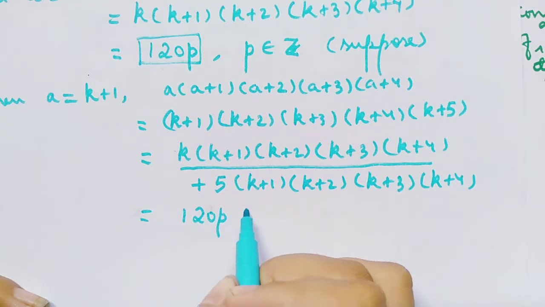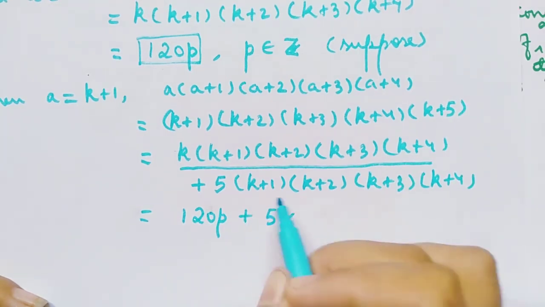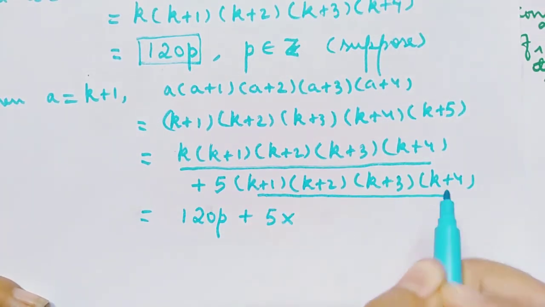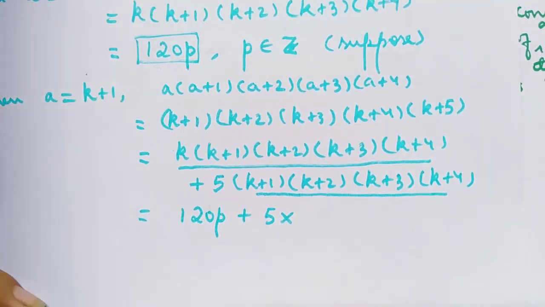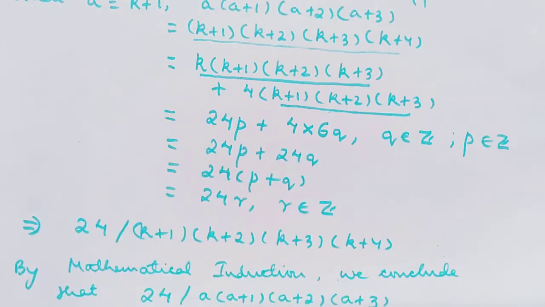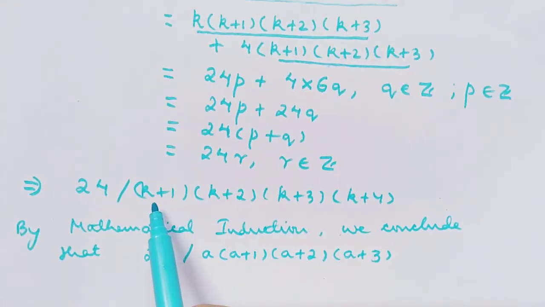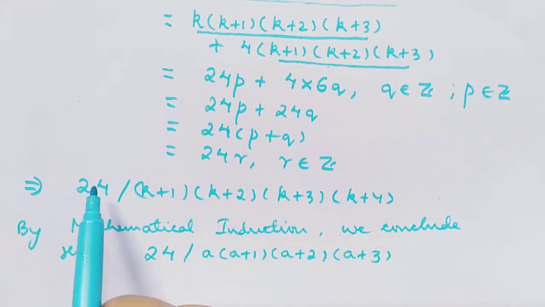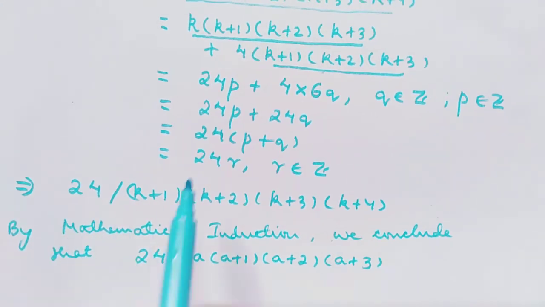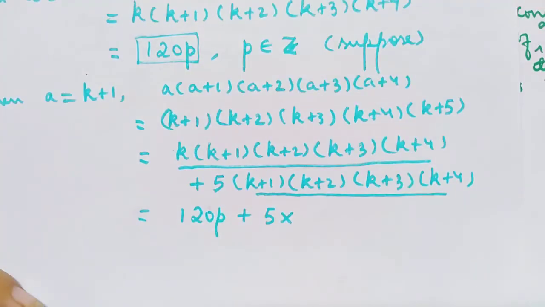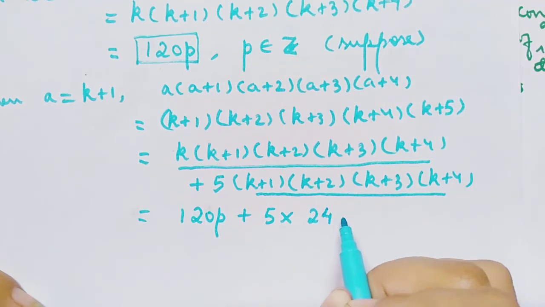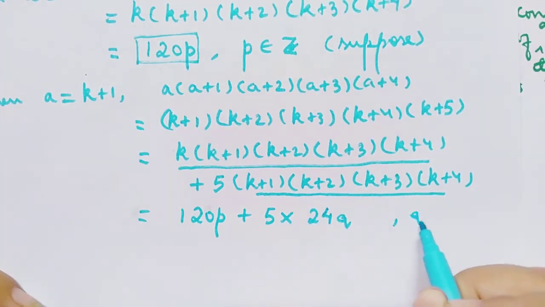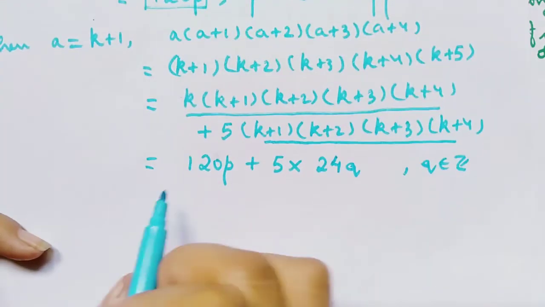120p plus 5 into, have a look at these. This follows from the second part of question 18. Which one? This part. This is divisible by 24, so we can write it as 24 q, where q is an integer.